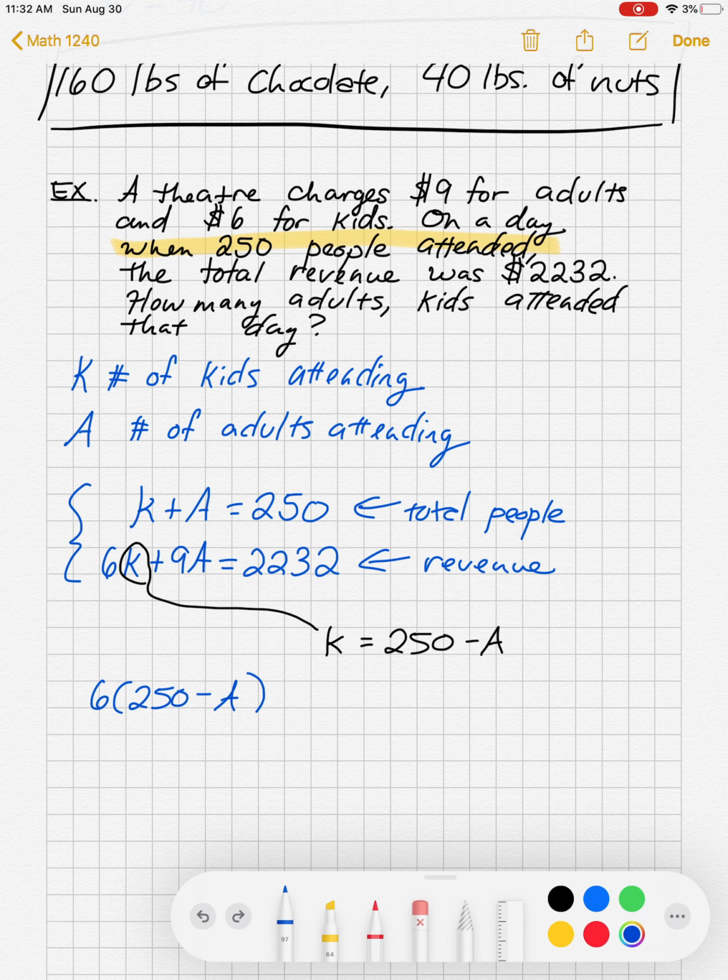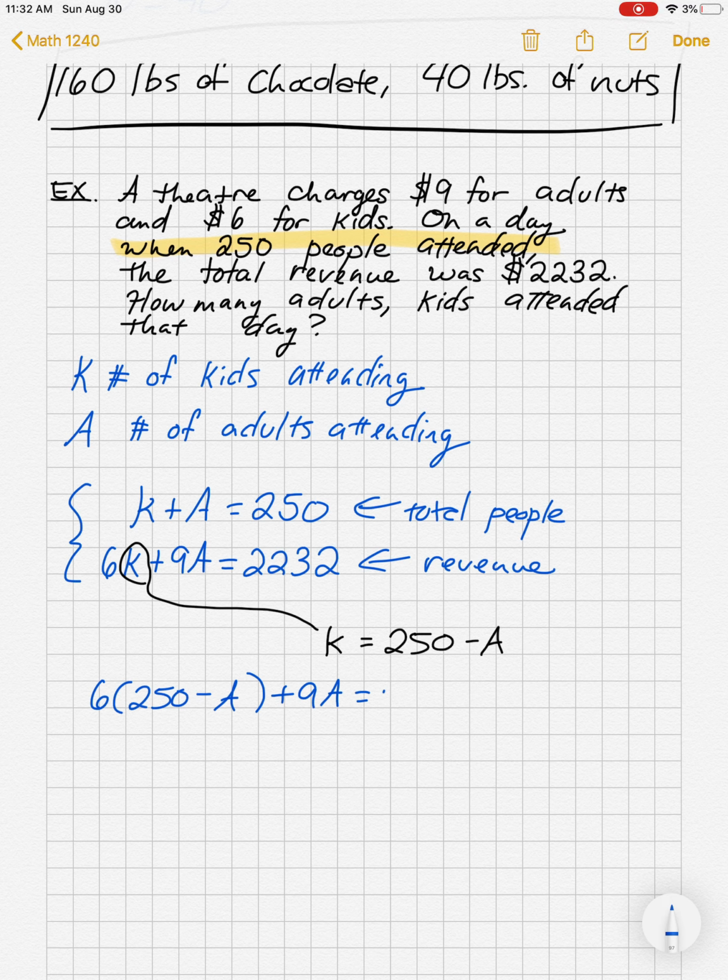Six times 250 minus A plus 9A is 2232. Let's see, 2 times 250 is 500, so times 3, 1500, is that right?